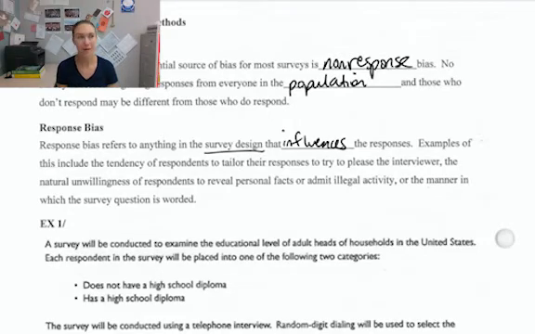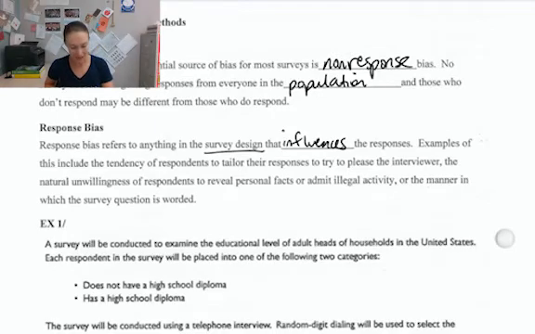For example, if I was asking my students who their favorite sports team was, and I was all decked out in San Francisco Giants gear, some students might not want to hurt my feelings, and they might say they like the Giants to make me happy. That would be response bias.